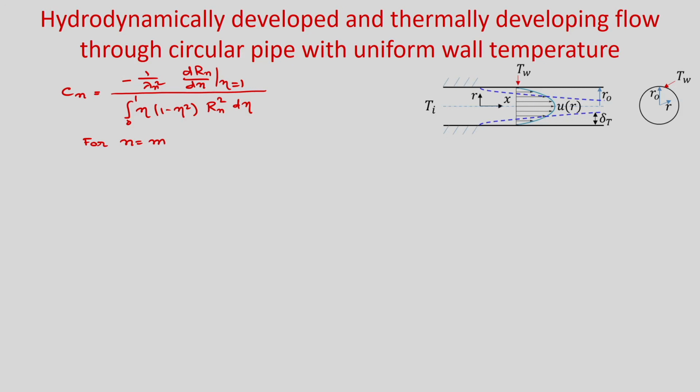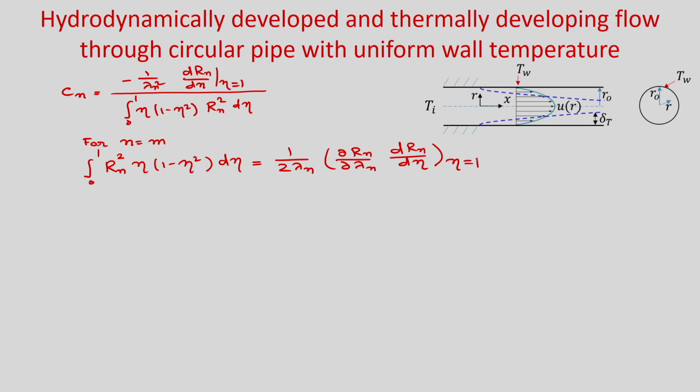So, you can write 0 to 1 R n square eta 1 minus eta square d eta is equal to 1 by 2 lambda n del R n by del lambda n d R n by d eta at eta is equal to 1. Okay. So, if you put in the denominator, this is the left hand side integral.